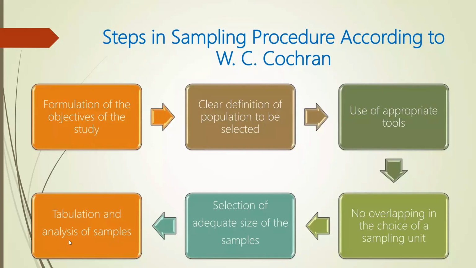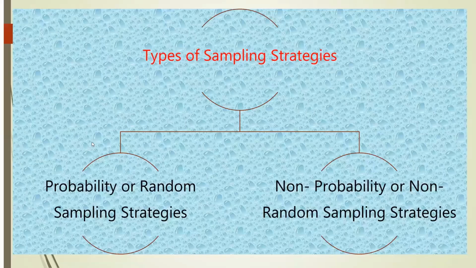So I have to decide the methods for the analysis of the sample, and this should be well defined before you do the sampling. Now, as you all know, there are two types of sampling strategies. One is probability or random sampling strategies, and another one is non-probability or non-random sampling strategies.